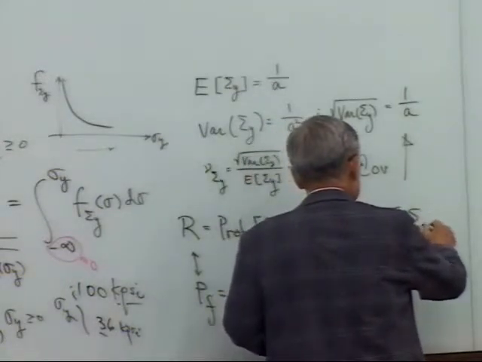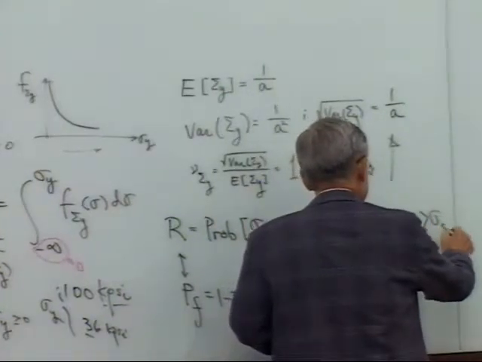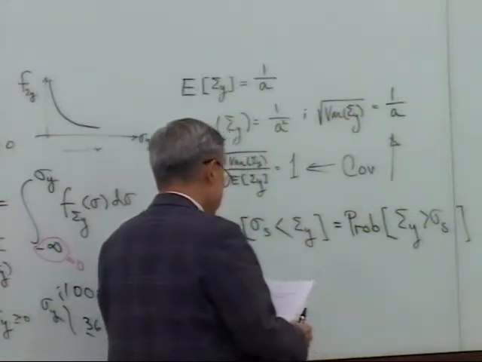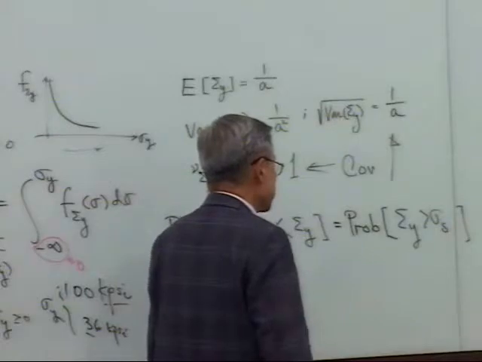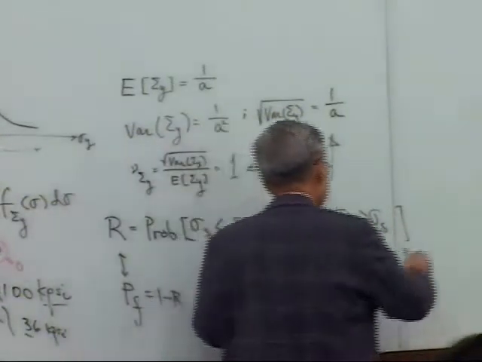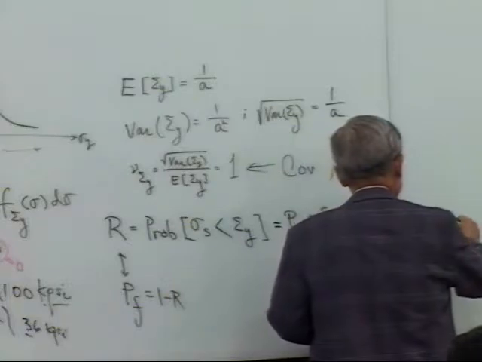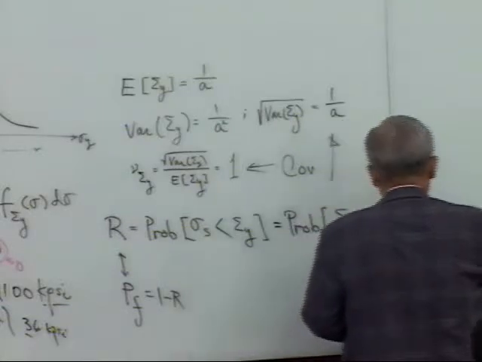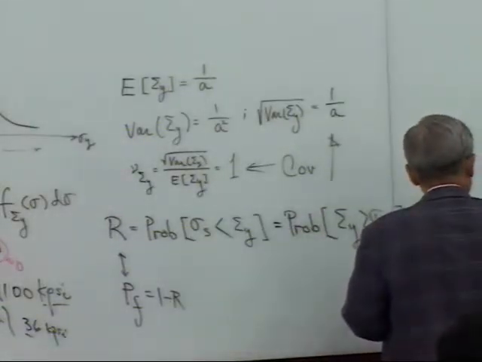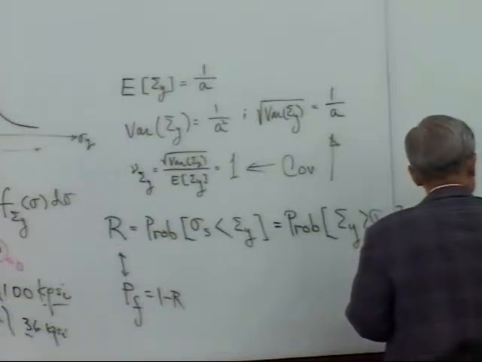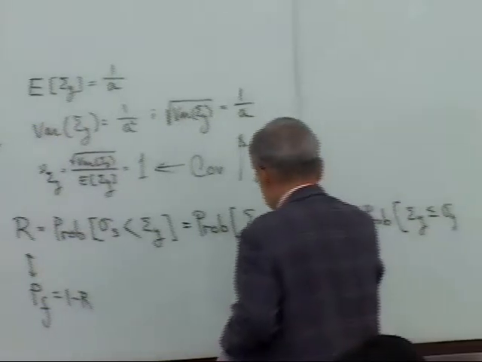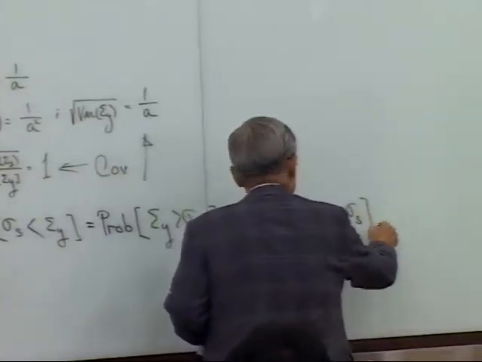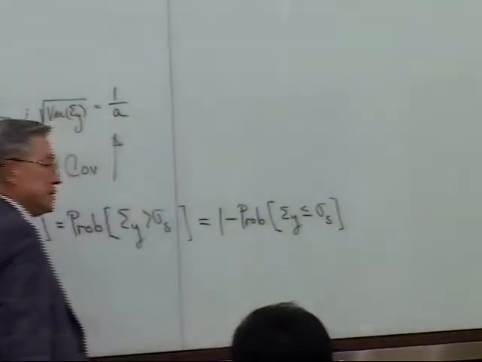Rewrite once again, the same thing but in a more convenient expression: sigma y is greater than sigma s. Now this is equal to 1 minus PF, which is the probability that sigma y is less than or equal to sigma s.